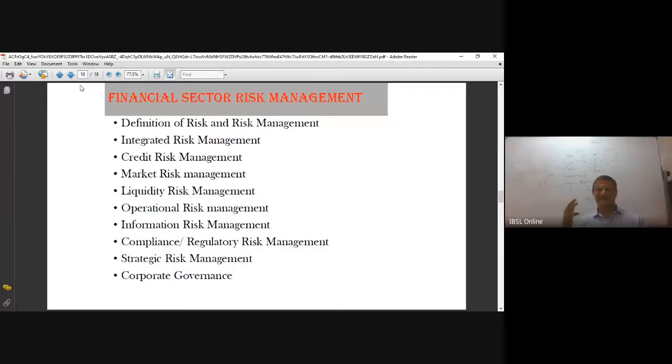So next week, we are going to deal with how we build this platform, because this is one of the first requirements of your regulator for a bank to have a risk management framework, and that framework comes under integrated risk management. Then I told you, in our balance sheet, the largest asset item is loans and advances. Non-payment or non-recovery of loans and advances will lead to credit risk.